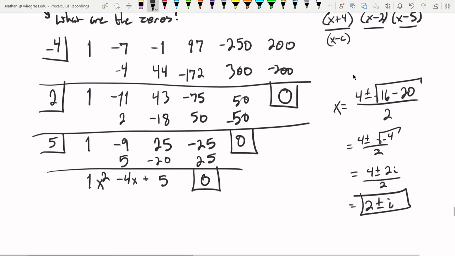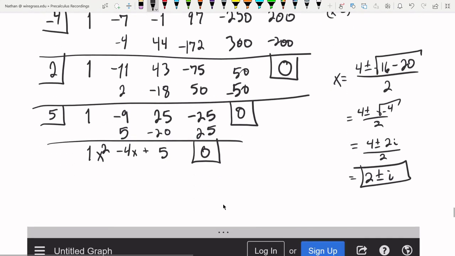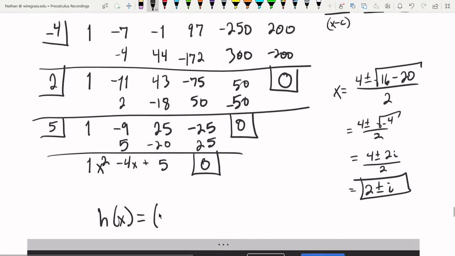I can write this polynomial in completely factored form: h of x equals the 3 factors we already knew, x plus 4, x minus 2, and x minus 5.